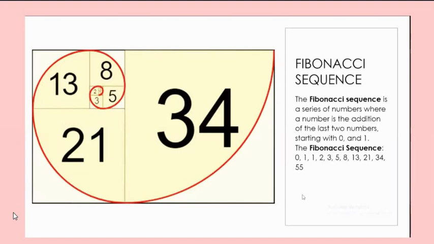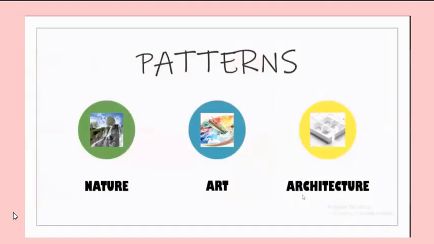And that's how the short history of Fibonacci started. The Fibonacci sequence can also be applied in different ways, such as patterns. We can apply the Fibonacci sequence to the patterns that we can observe in nature, art, and architecture.